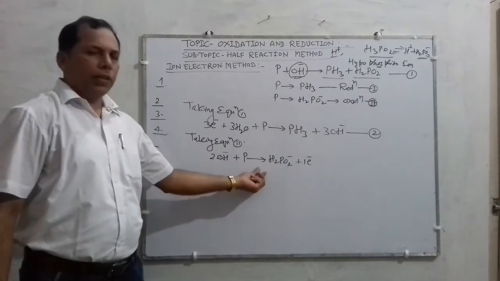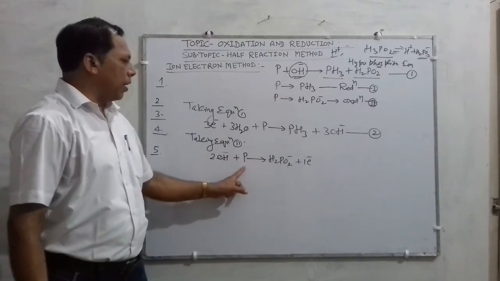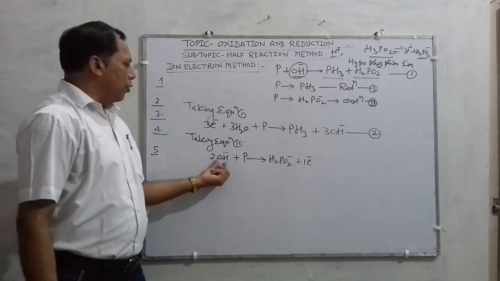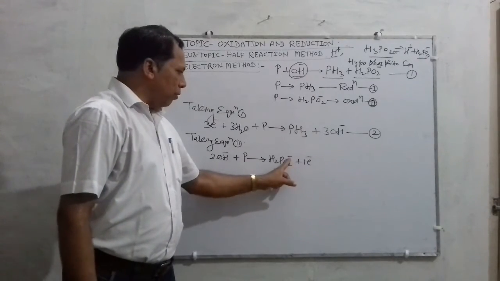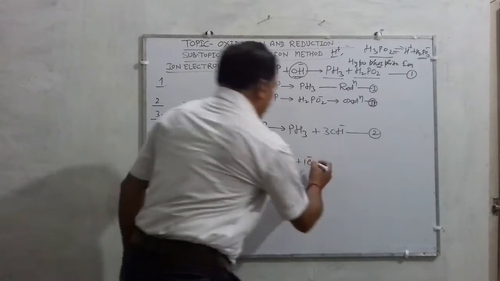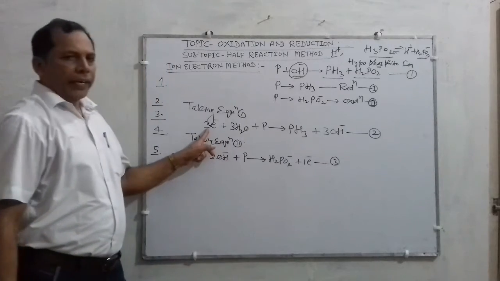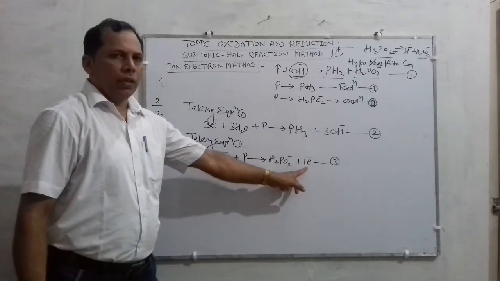All the atoms you can see are balanced. Two hydrogen, two oxygen, one phosphorus, and there are two negative charges, one on each side. But one thing you have to keep in mind, children. Here three electrons are there, and here one electron is there.